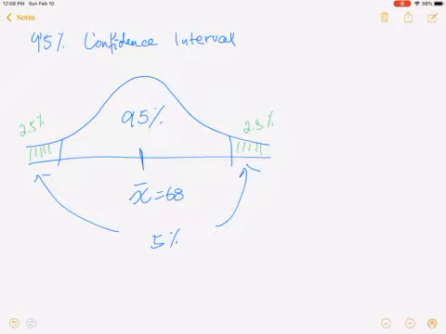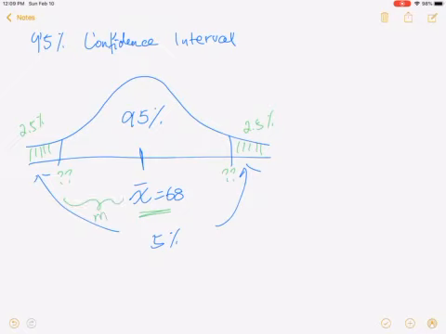So to find the confidence interval, I'm actually looking for those two marks based on how many standard deviations or standard errors away from my mean 68.